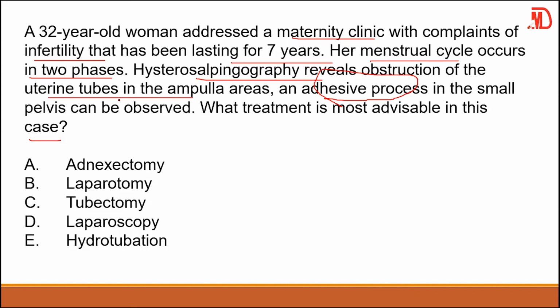By doing that, you can remove the obstruction found in the uterine tube, even at the ampulla area. That is the area where fertilization actually takes place. So basically, if we remove that obstruction, the patient should be fine. No need to open up. So just do a laparoscopy.